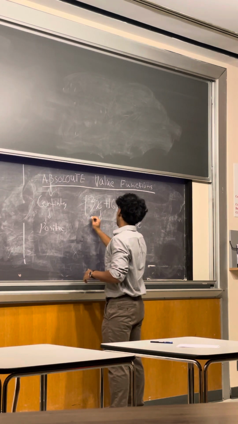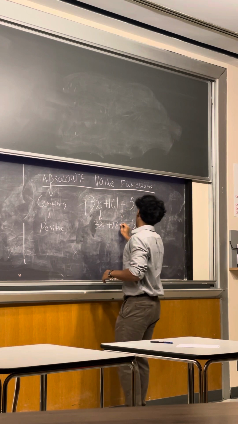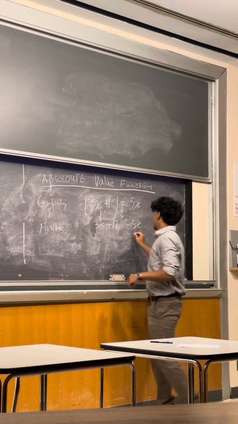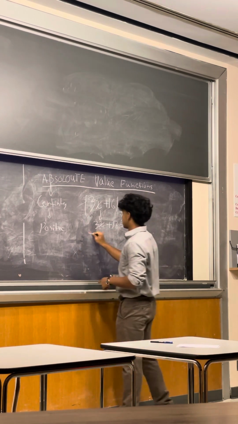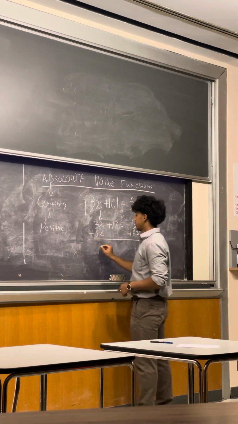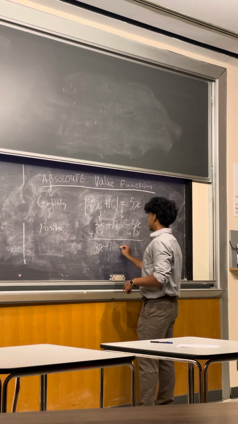So 3x plus 16 is equal to -5x. Let's bring the 5x to this side, plus 5x. We get 8x plus 16 equal to 0.